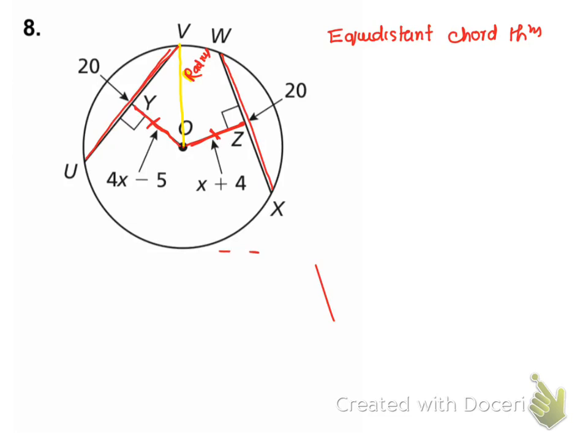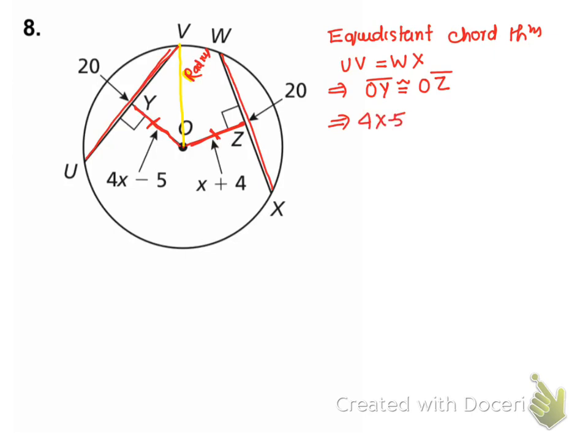So I could say that UV is equal to WX. They're the same. It means OY is congruent to OZ, and I can finally write my expression.